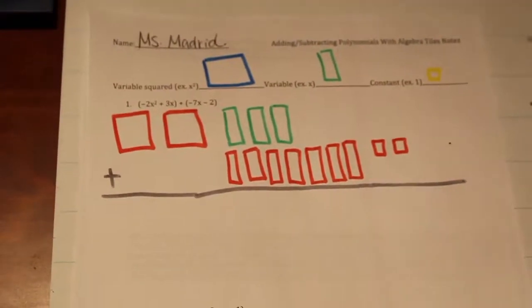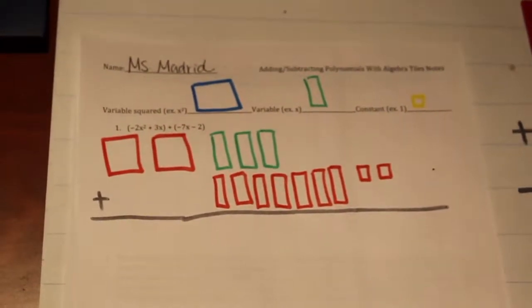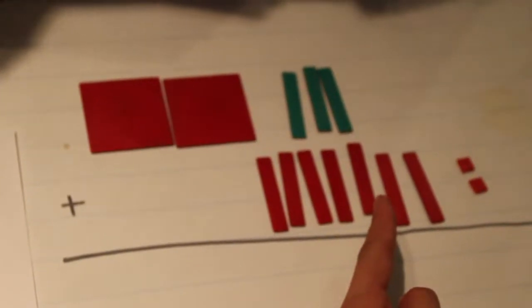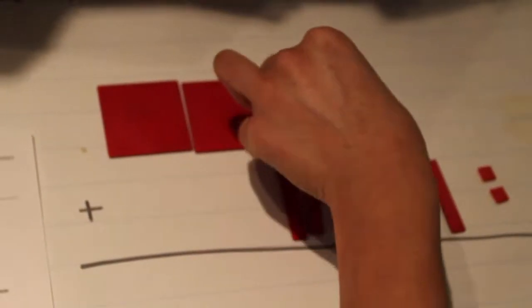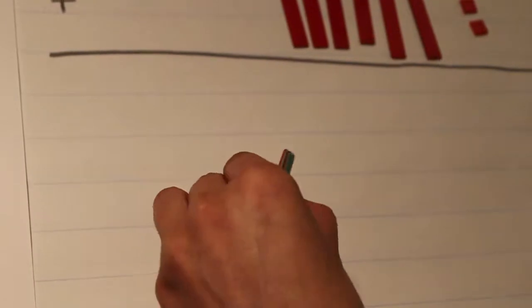So now we want to look for what we call zero pairs. A zero pair is when they are like terms but opposite colors. Like here, we have some green rectangles and some red rectangles. So we will take one of each, like this, and they go away.